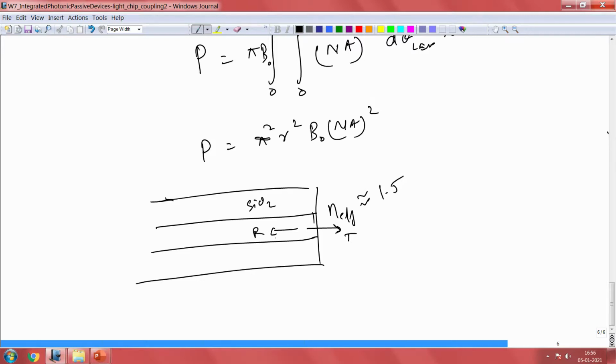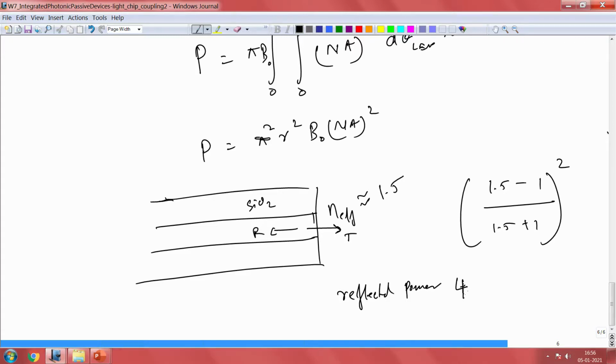Here you can easily calculate this by calculating this factor, and it will turn out that the reflected power will be about 4% coming from this reflection, and the transmitted power will be 96%.